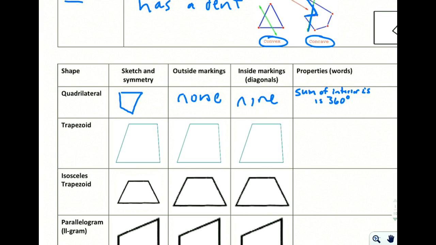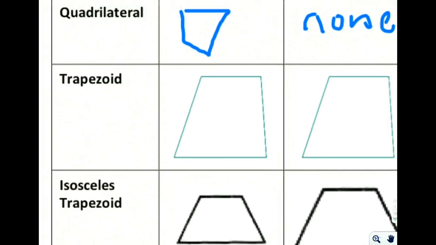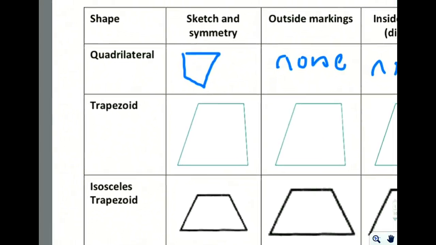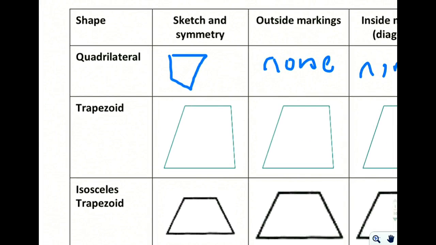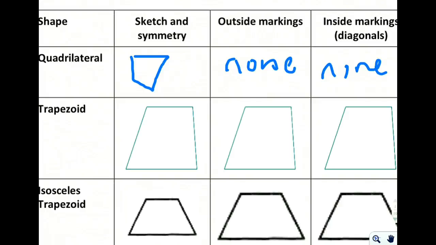Now let's go on to our first more specific one, and this would be a trapezoid. The symmetry, we don't necessarily get any symmetry with a standard trapezoid. However, there are some properties that are going to be useful to us. So our markings on the outside are going to be the parallel arrows that we're used to when lines are parallel, because a trapezoid has one set of parallel lines.